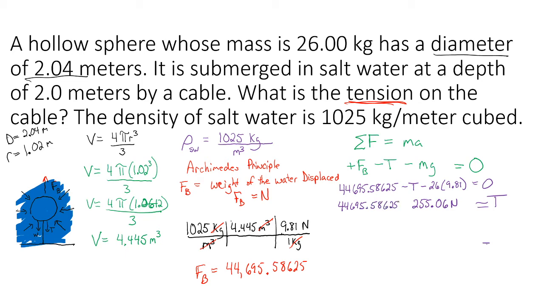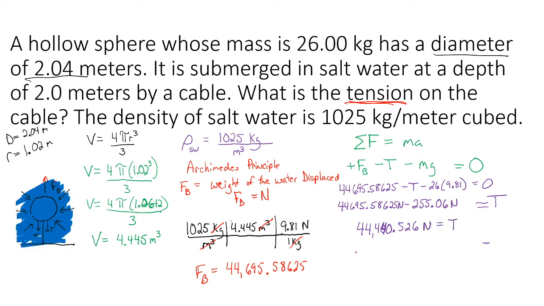Does that make sense? I hope so. So now we'll take the difference of the two, 44,695.58625 minus 255.06, which gives me 44,440.526 newtons equals tension.